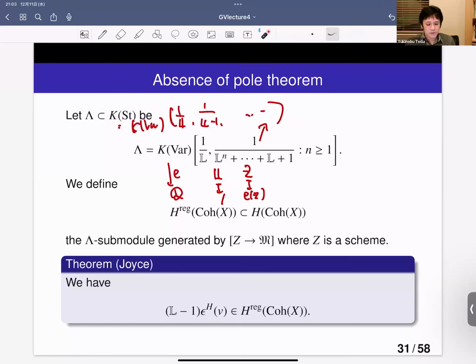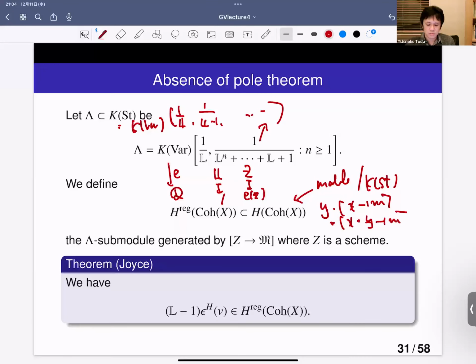So let's define this subspace of the motivic Hall algebra. This is defined to be the Lambda submodule. It has a module structure over K of stacks, given by the product, that is, x and y go to just the product.